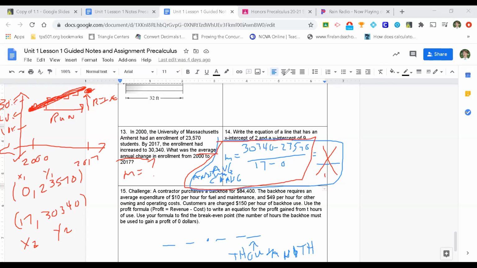Once you have just numbers, you're done. M is 30,340 minus 23,570 over 17 minus 0. I don't even care what that calculates out to be. You're done. Good questions.